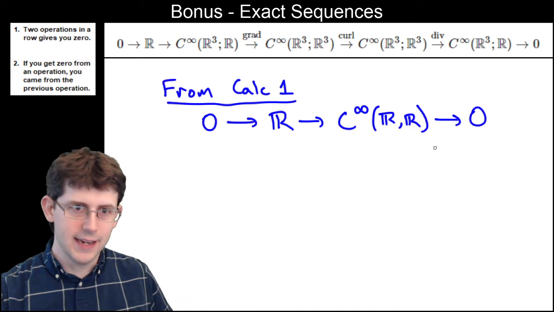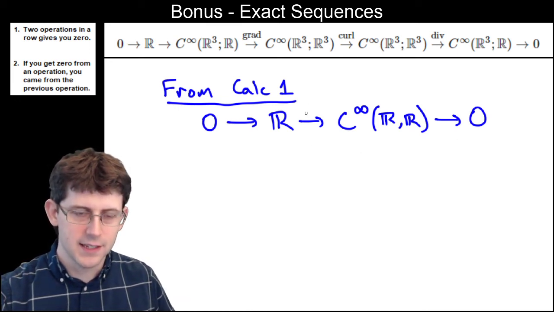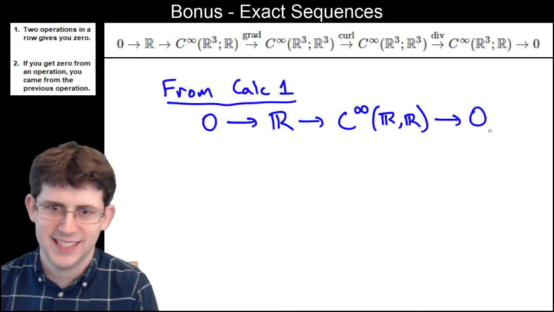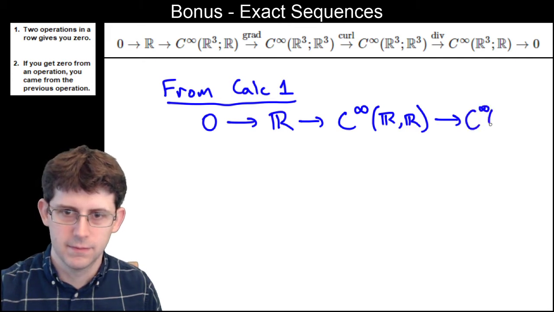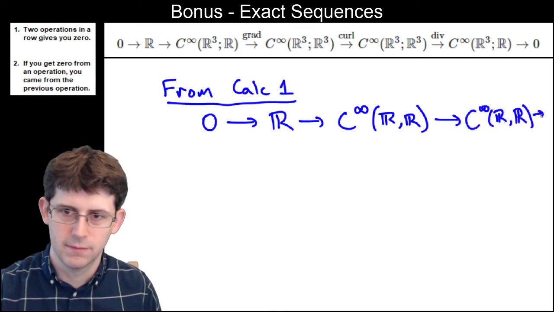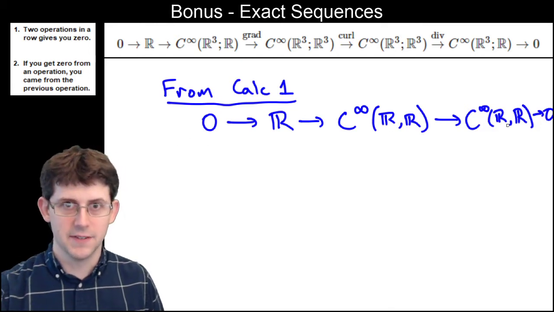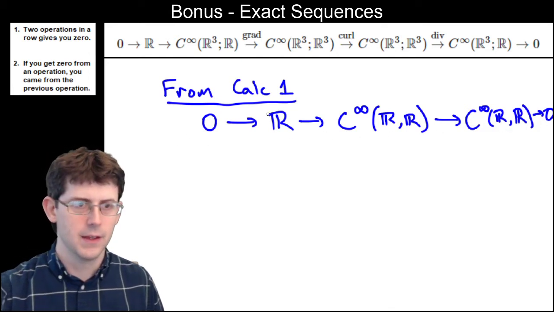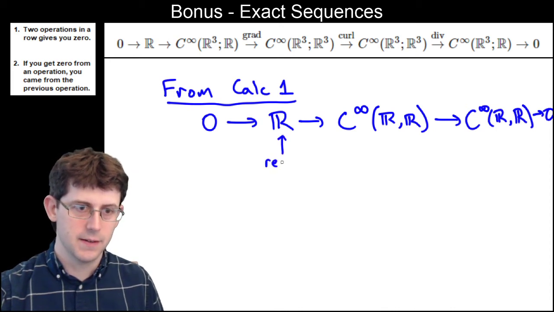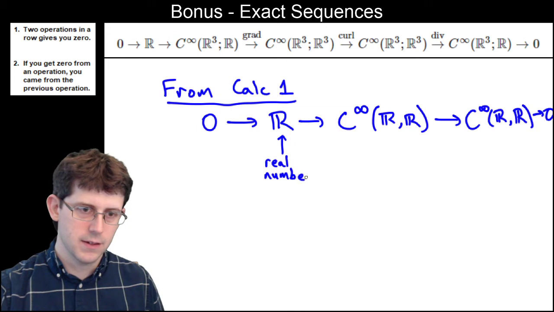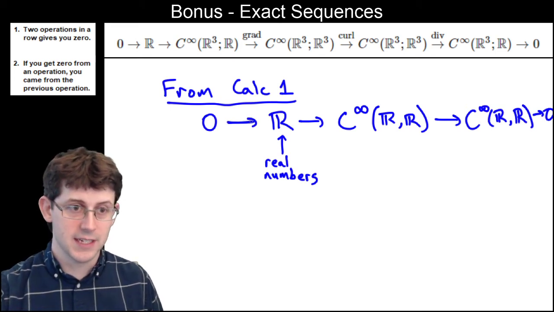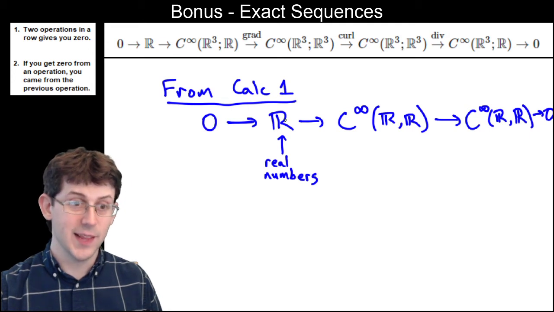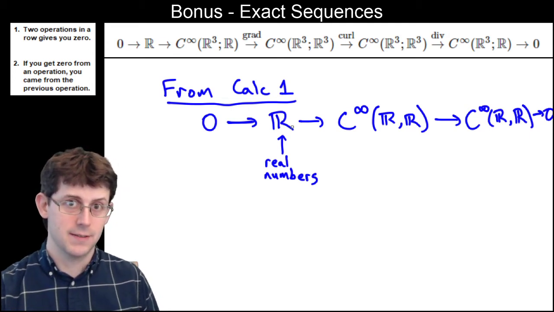I have to tell you what these objects are and how you get between them. So R is the real numbers. This R represents the set of all the real numbers. And this arrow says, if you start with literal 0 and you follow this arrow, you land on 0 in the real numbers.